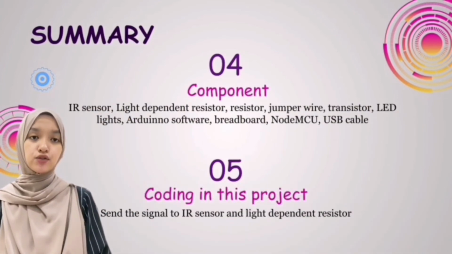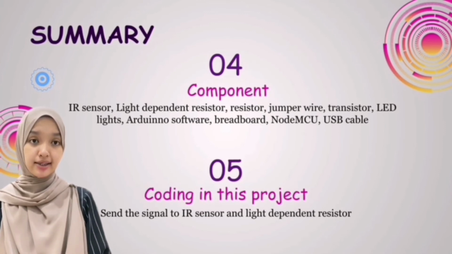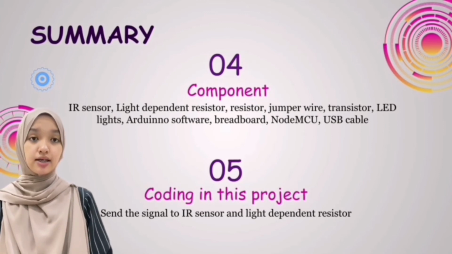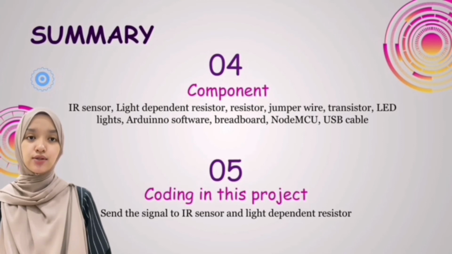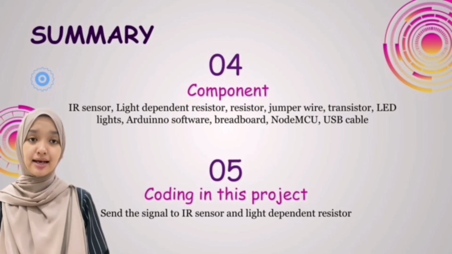The components used to build this smart street light are the IR sensor, light dependent resistor, jumper wire, transistor, Arduino software, breadboard, NodeMCU which is the ESP8266, and also a USB cable. Last but not least is the coding for our project.